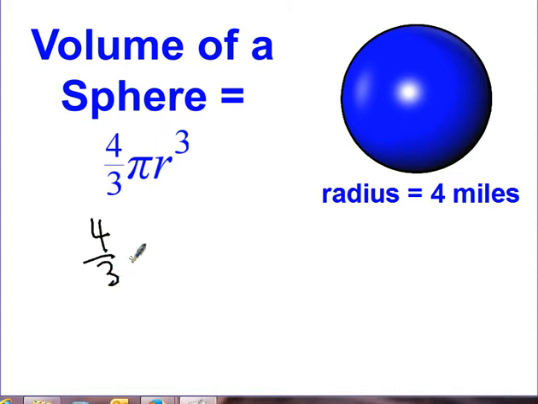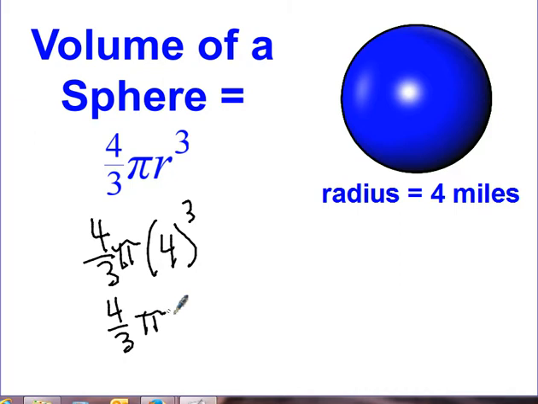So I'm going to have 4/3 times pi. It tells us that our radius is 4, so I'm going to use 4 to the 3rd power. That means 4/3 times pi times 64. So in my calculator, I'm going to take 64. I'm going to multiply it by pi using my pi button.